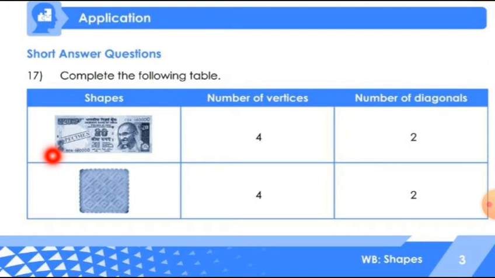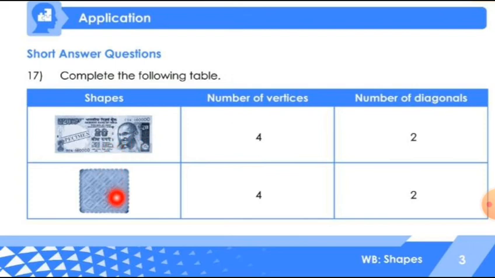And we know a rectangle has 4 vertices, isn't it? And how many diagonals? 2 diagonals, because by joining these vertices we get one diagonal, and by joining these 2 vertices we get another one. So 2 diagonals and 4 vertices are there in a rectangle.